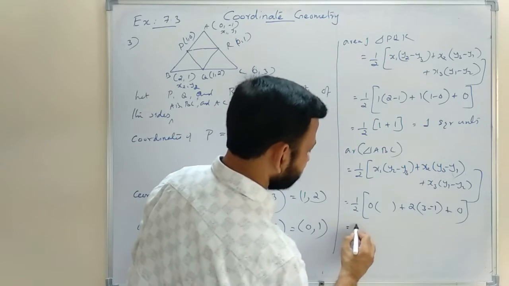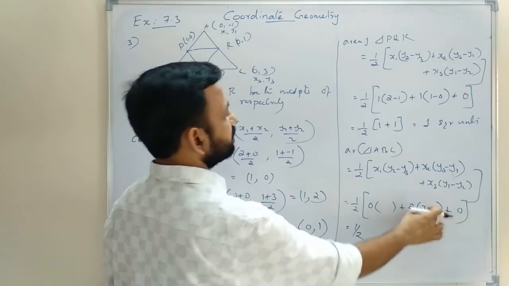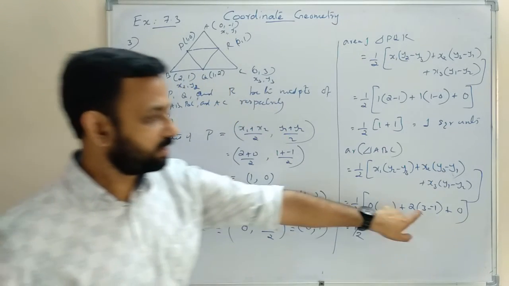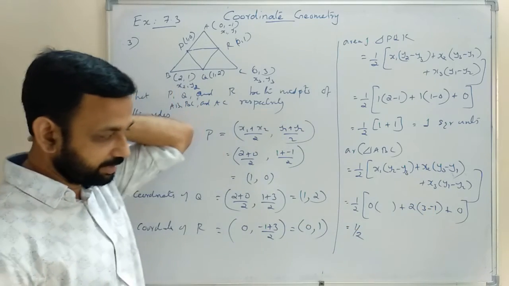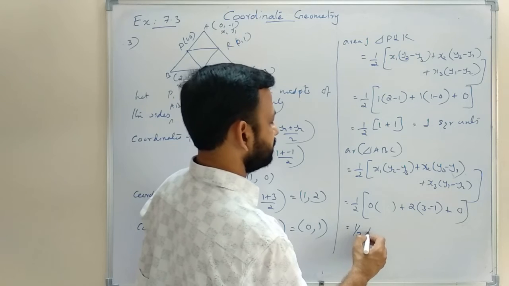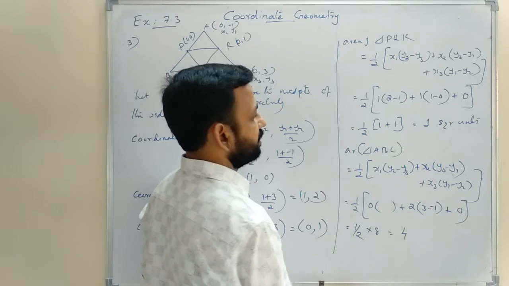Then that is 1 by 2 into, 3 plus 1 is 4, 4 into 2 is 8, 8 into 1 by 2, that is equal to 4 square units.